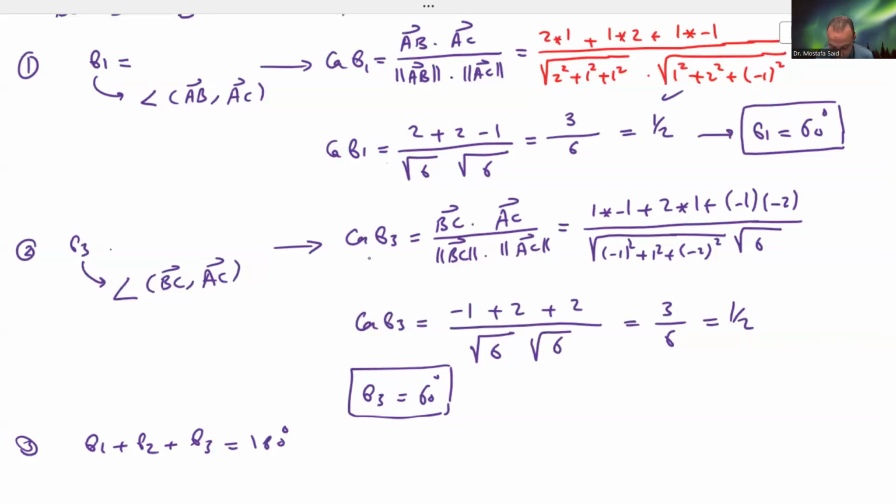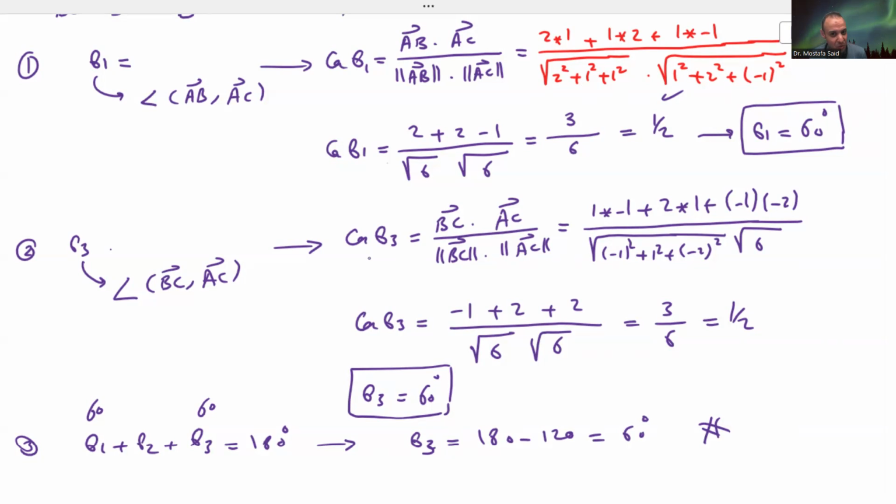Any triangle is like that. So we know theta 1 is 60. We know theta 3 is 60 again. So basically, theta 2 is equal to 180 minus 120, 60 plus 60. So that will be 60, of course. It has to be. And I'm sorry, this is theta 3. And that's it. Okay?